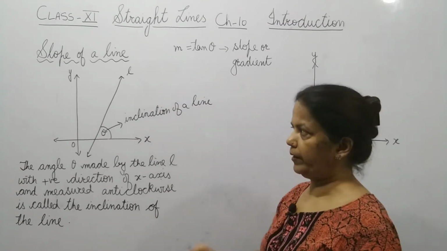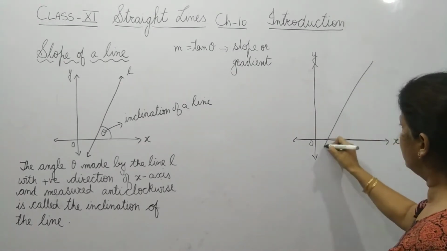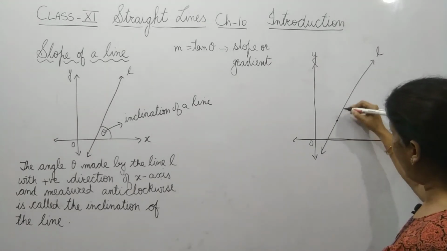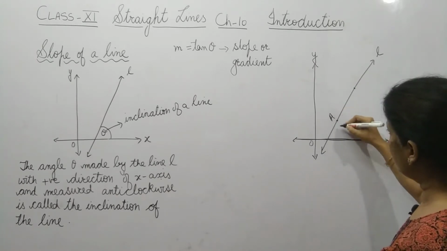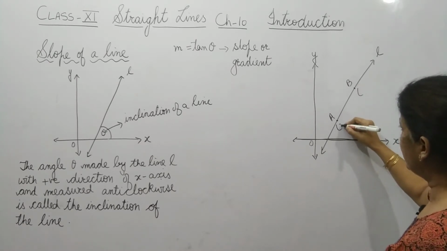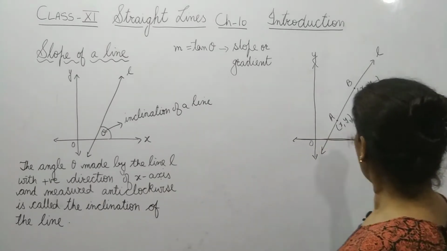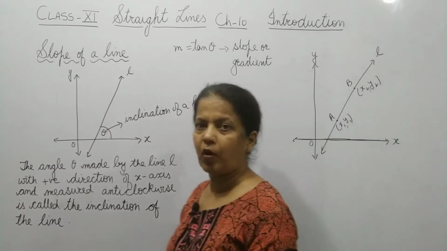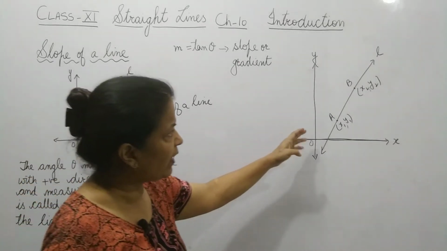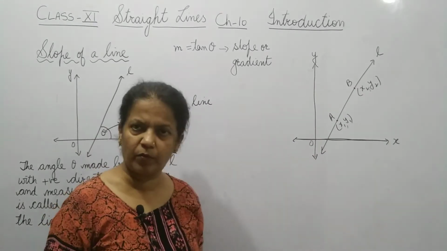Is it clear? Okay. Now, suppose there is a line L and there are two points on it whose coordinates are (x1, y1) and (x2, y2), and we have to find the slope of this line. The slope of a line whose coordinates are given, how to find the slope of this line?